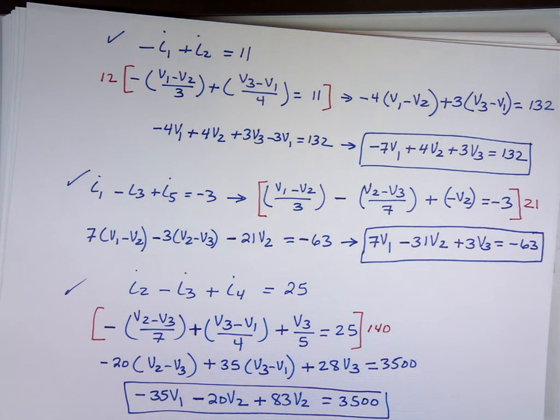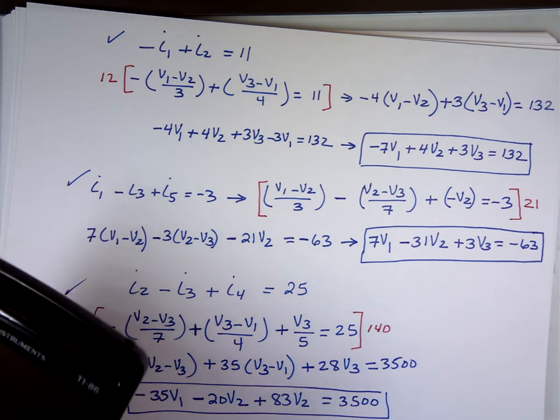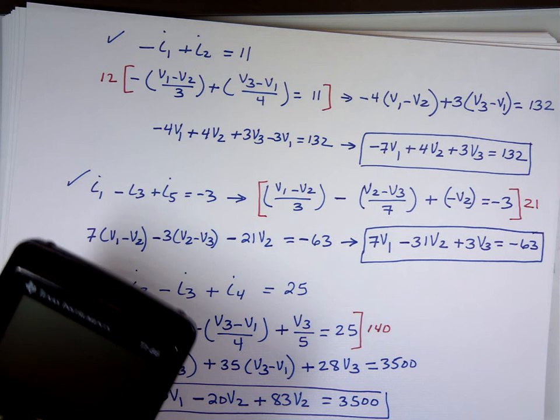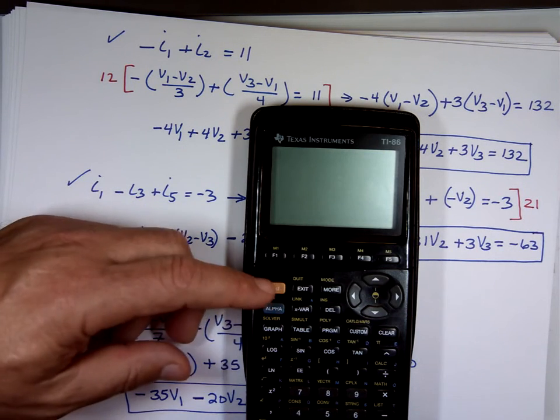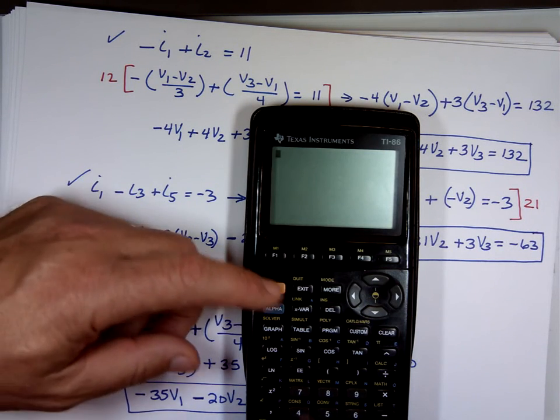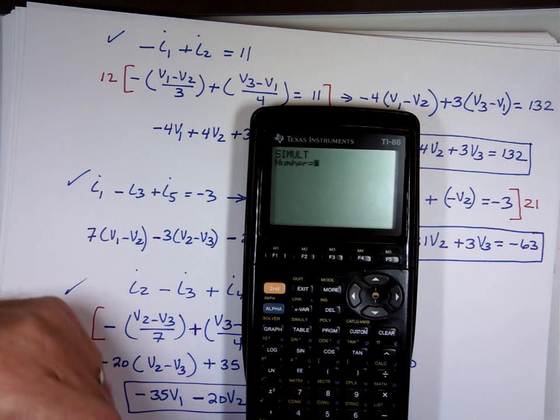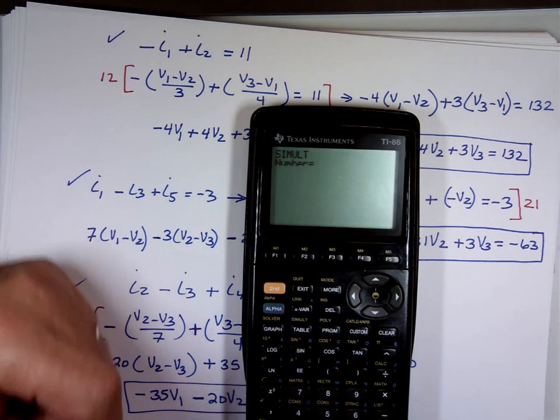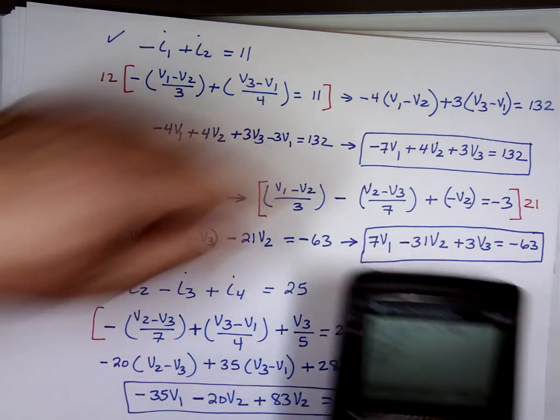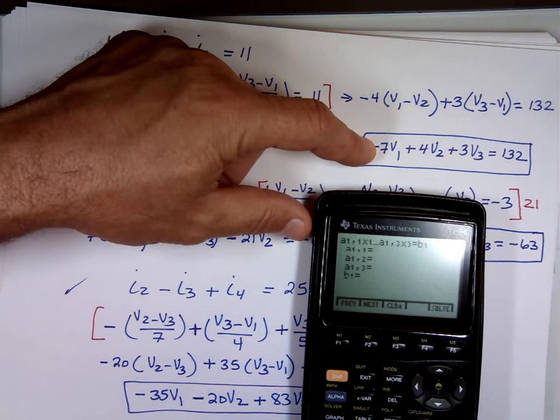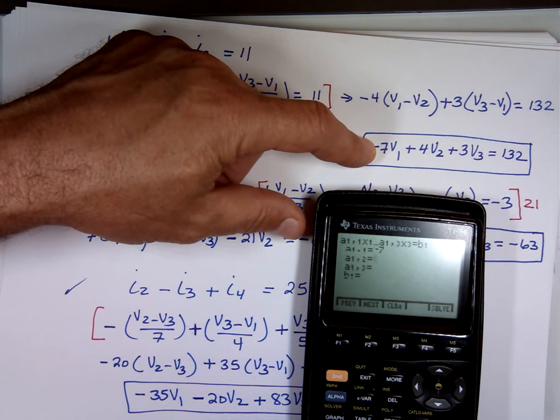So now we're going to solve them. I'm going to cheat. I have a TI-86 here, that 89 has it too, but the 86 is easier for solving equations. Simultaneous equation, they ask me how many equations do I have? I go 3. And I put the values for them. Negative 7, 4, 3, 132.